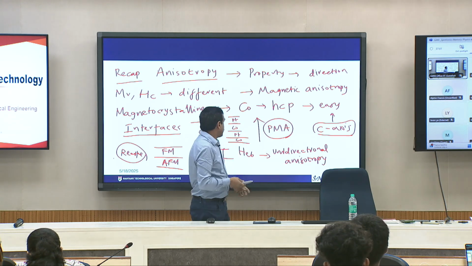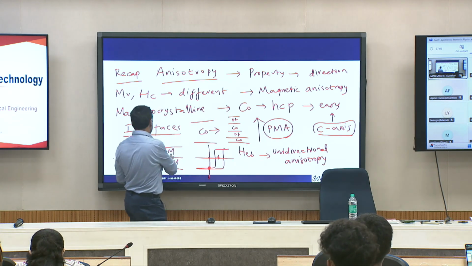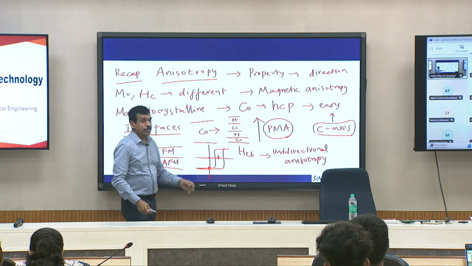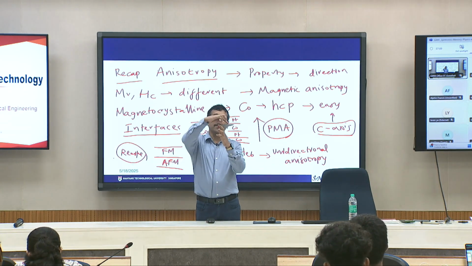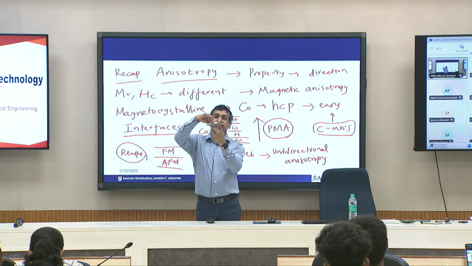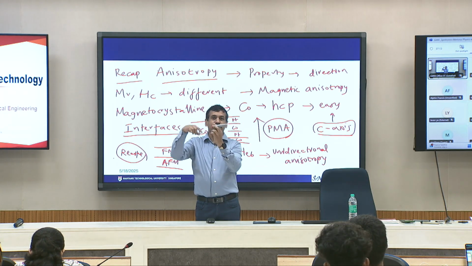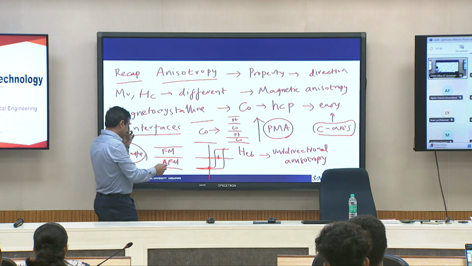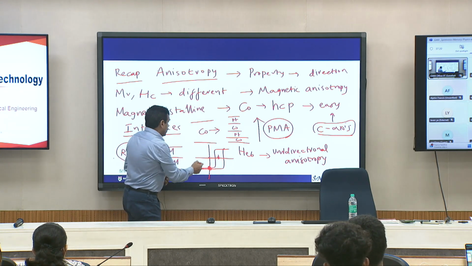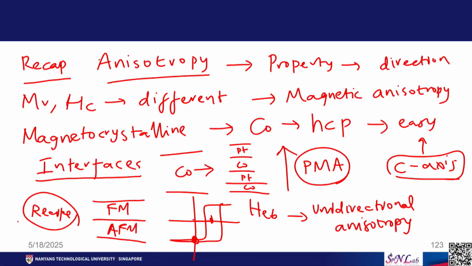But in the case of these systems where you have unidirectional anisotropy, only one direction is favored. Whatever I do, let us say I apply something, then it will come back to the same direction. So, only one easy direction. In the absence of any magnetic field, the magnetic moment is going to point only in one direction. So, that is why this name unidirectional anisotropy.